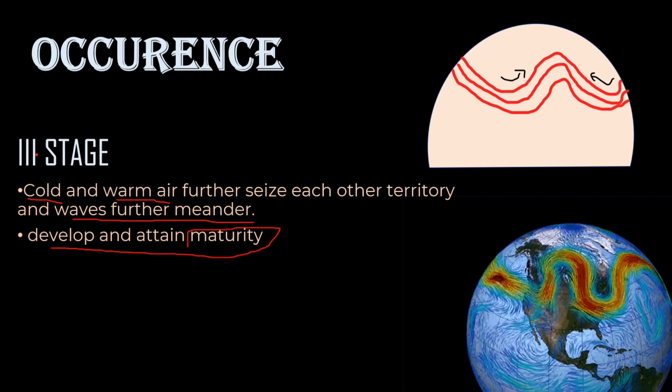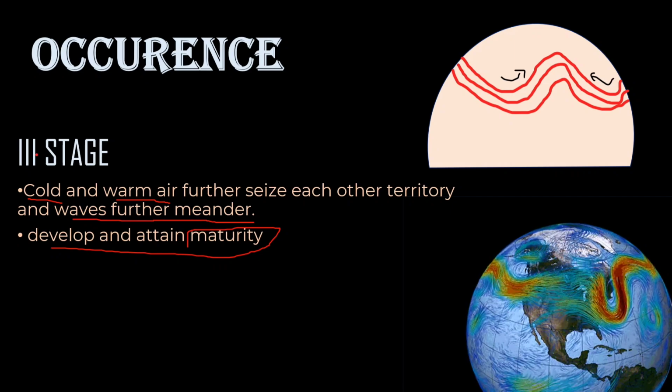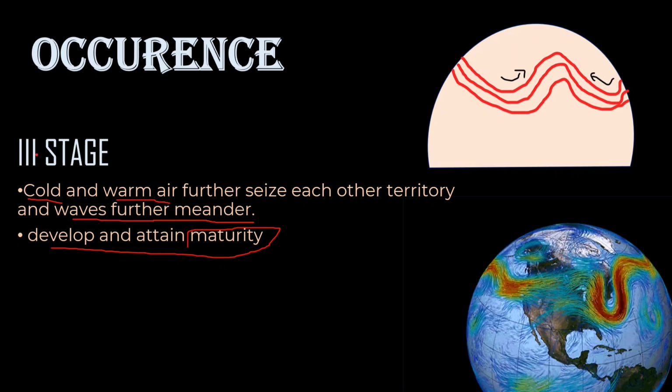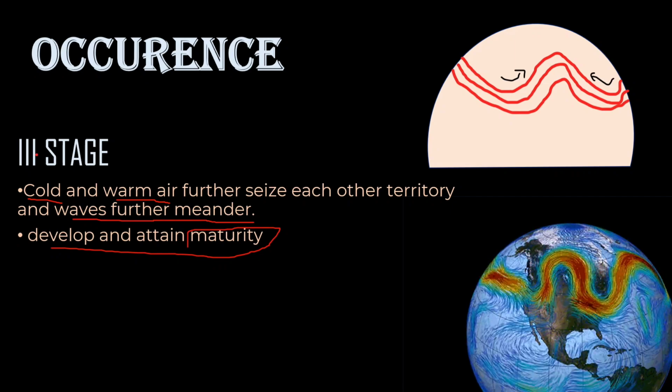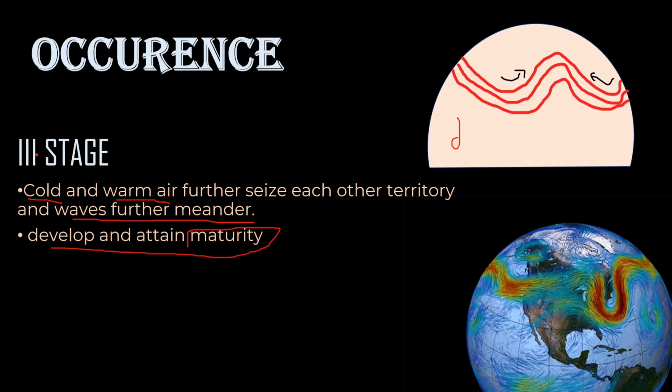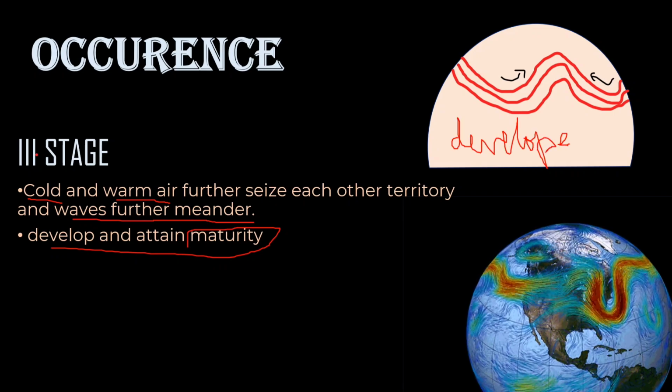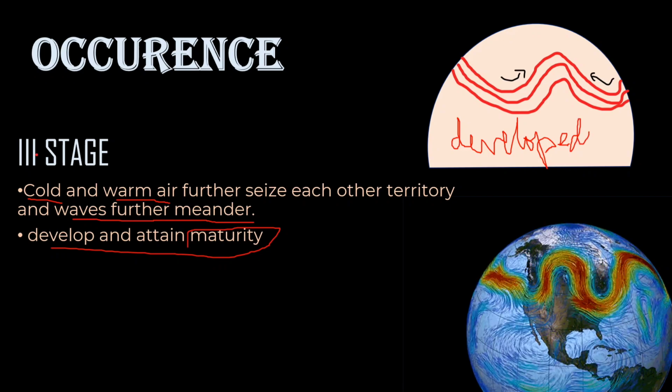The cold air mass sees the territory of the warm air, and the warm air mass invades the territory of the cold air mass. There a jet stream develops and it is in a mature period.